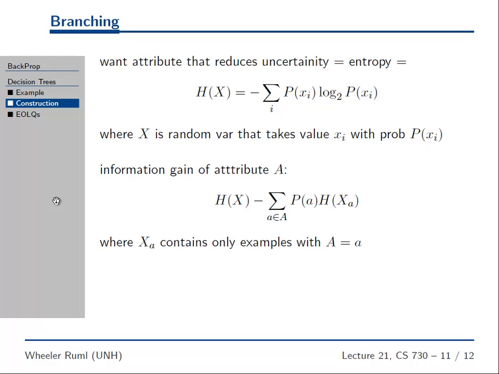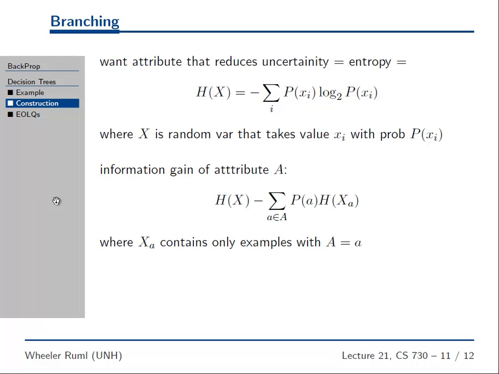All right, so x sub a is all the examples that have value a for this attribute A. If they're highly skewed, then this is going to have low entropy, close to 0. And we want to weight that according to what proportion of the examples have value a for that attribute.